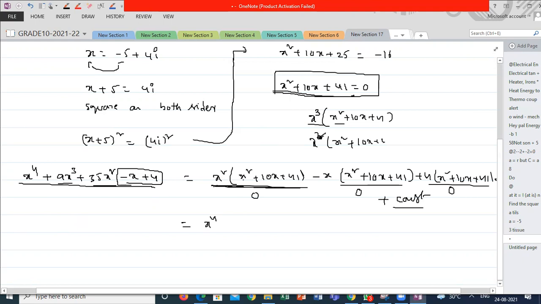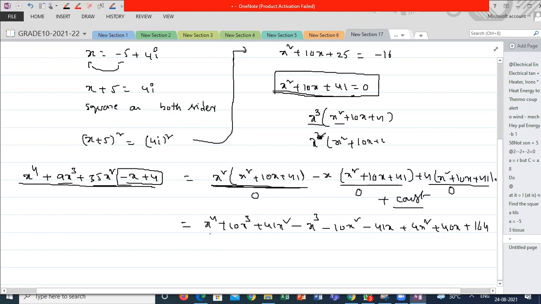This is x power 4 plus 10x cube plus 41x square, but here minus x cube, minus 10x square minus 41x, plus 4x square plus 40x plus 4 into 41. How much is 4 into 41, guys? 164.